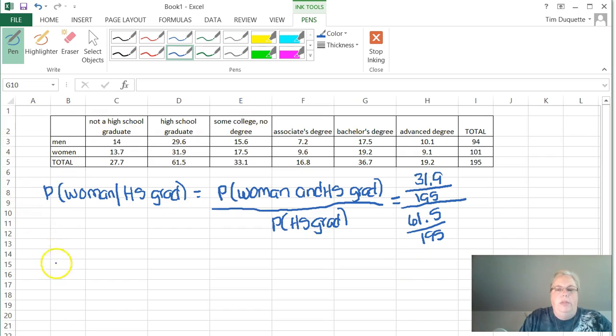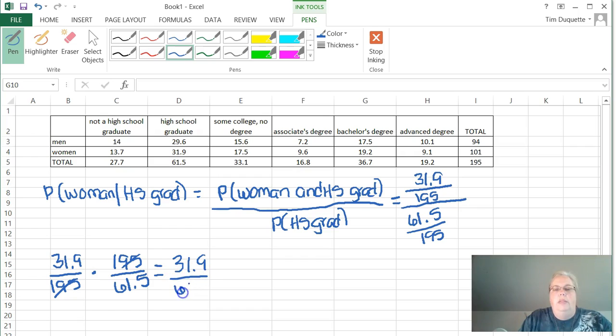Remember, you're supposed to do the top fraction there, 31.9 over 195, change this problem into multiplication, and take the bottom fraction and turn it upside down, like so. And then we can see that the 195s are going to cancel out, so we have 31.9 divided by 61.5. And when we get our 3 decimal estimate from the calculator, we get 0.519.